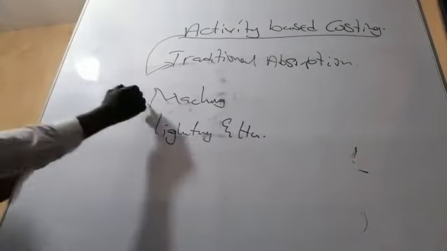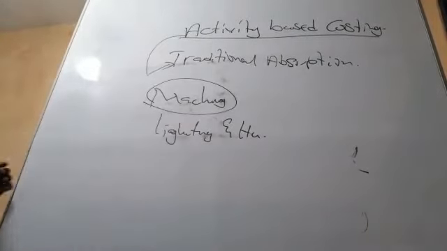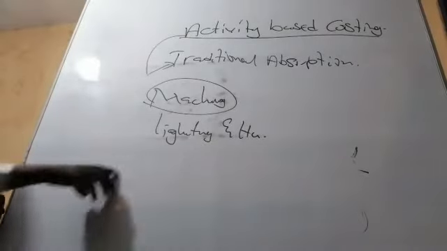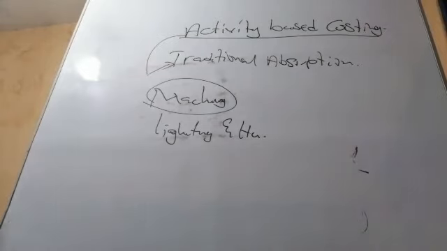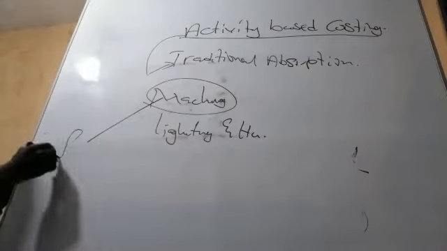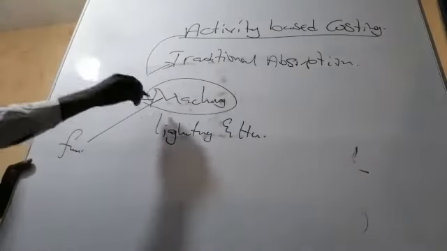Now, you realize that this machine running cost is a very big expenditure. Heat and lighting is very big. We have individual costs that you incur within them, right? Like machine fuel. It's a machine running cost.